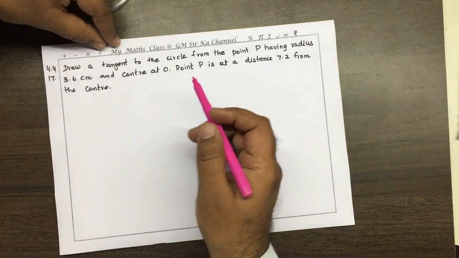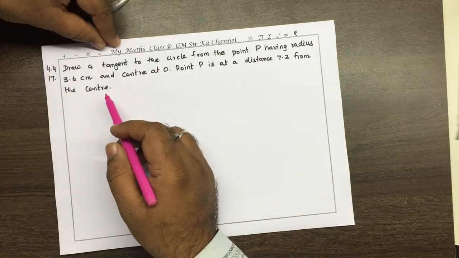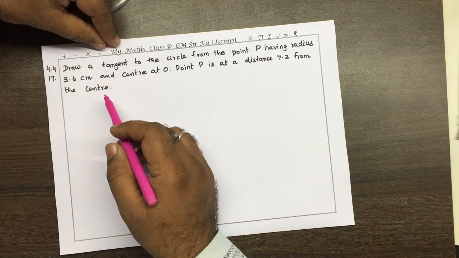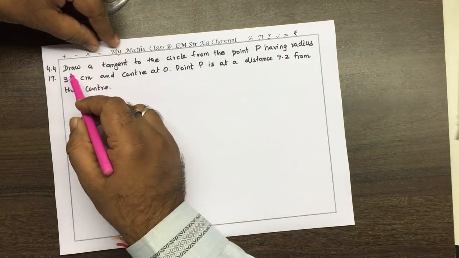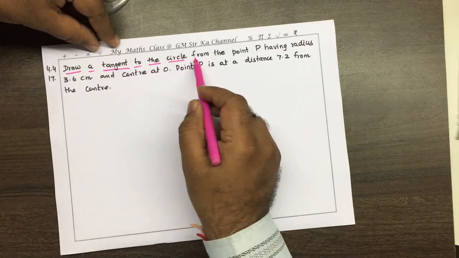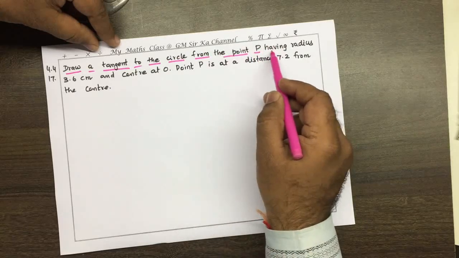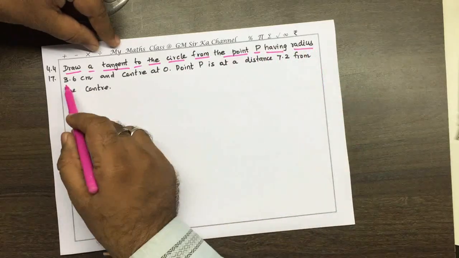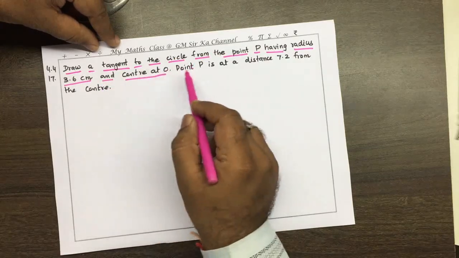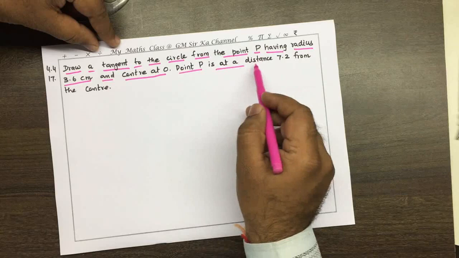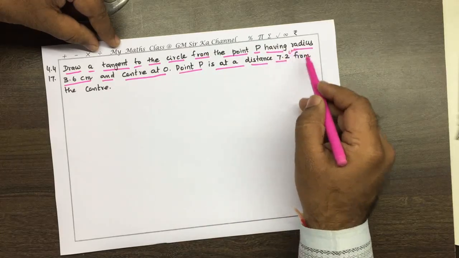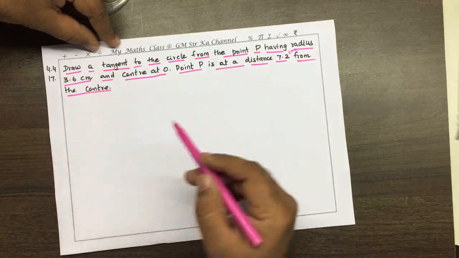We have the problem under the construction of tangents from the external point. Draw a tangent to the circle from the point P, the circle having the radius 3.6 centimeter and the center at O. Point P is at a distance of 7.2 centimeter from the center.